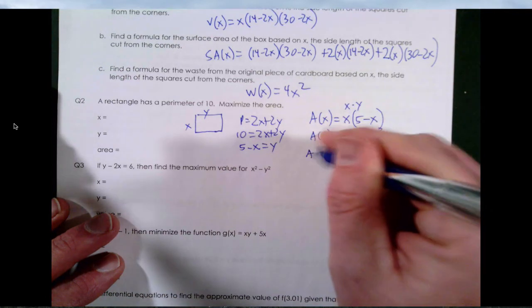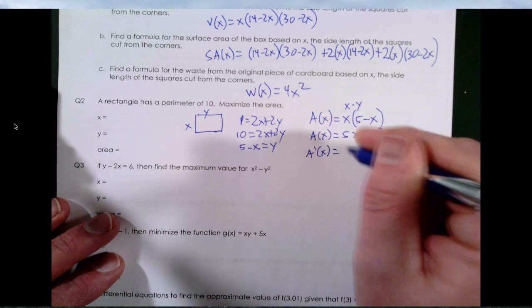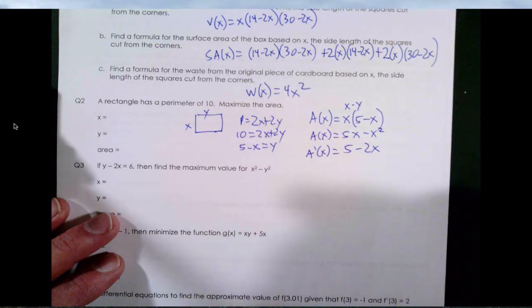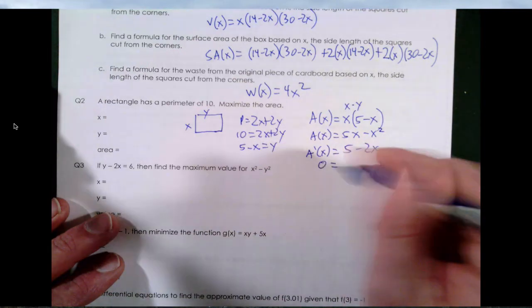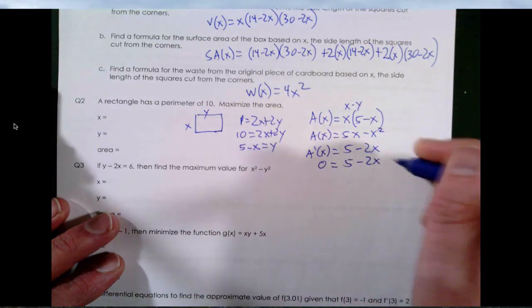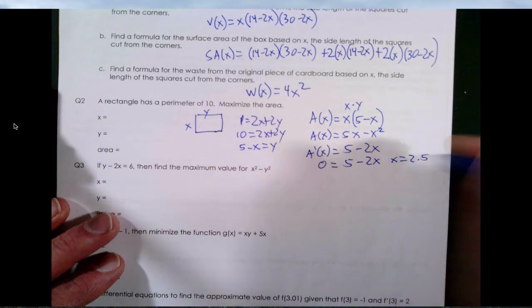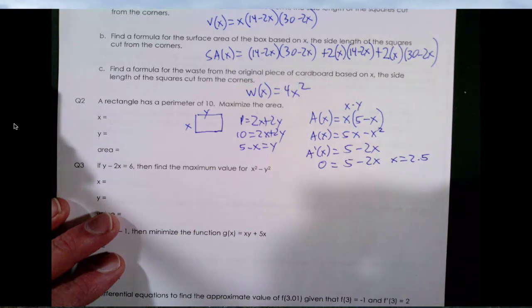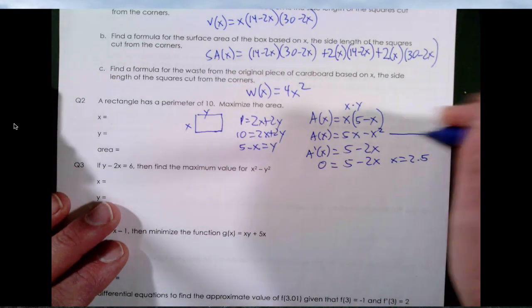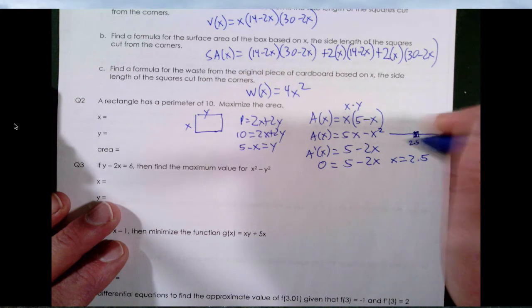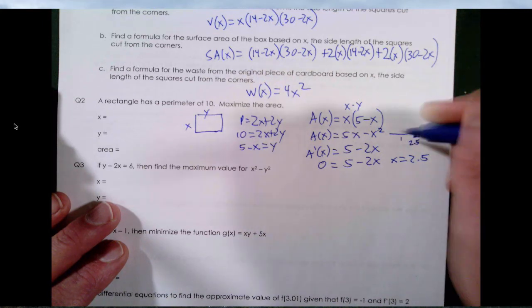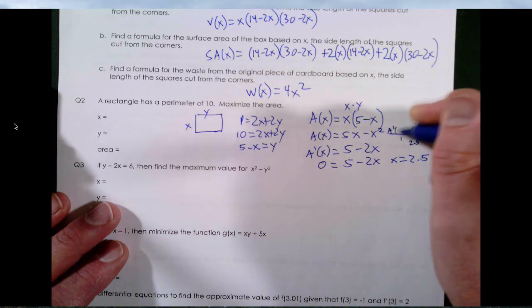The derivative of that is equal to 5 minus 2x. The critical point then is x equals 2.5. Now we have to verify that this is a maximum. One easy way to do it is with the number line. I put 2.5 here, 1 there, and 3 there, with A prime.